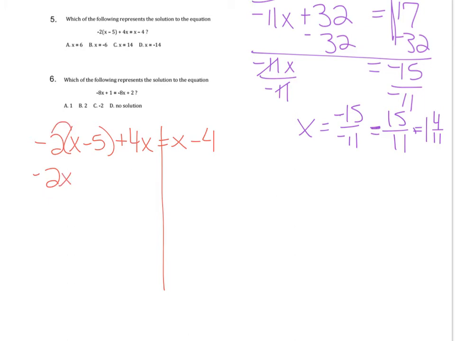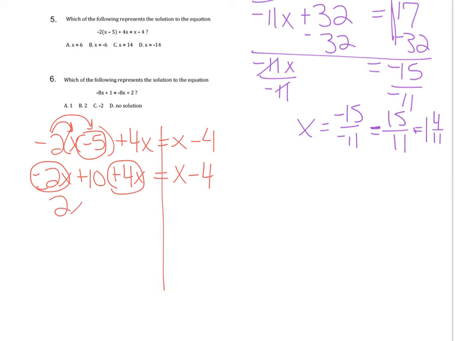Negative 2 times x is negative 2x. Negative 2 times negative 5 is plus 10. Copy the rest. I'm going to look on the left. I also have combining like terms. Negative 2x plus 4x is 2x plus 10 equals x minus 4.